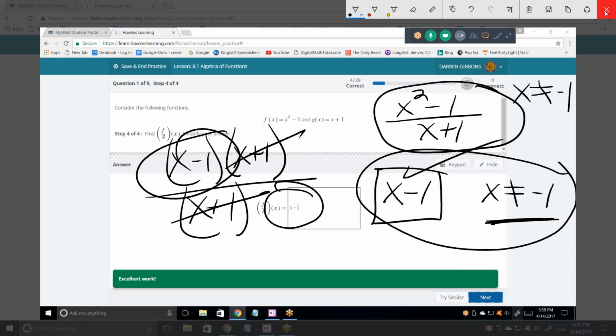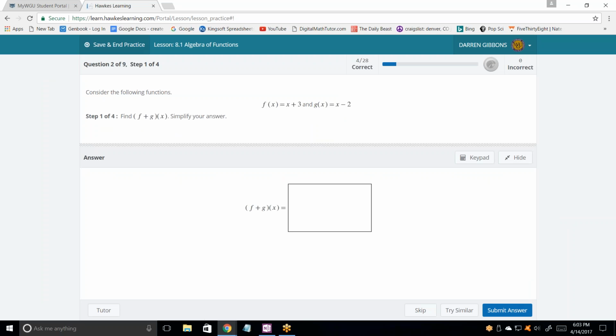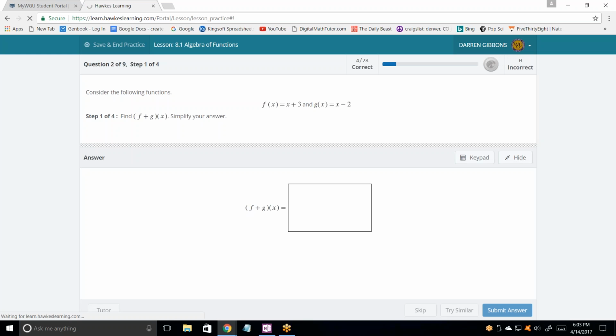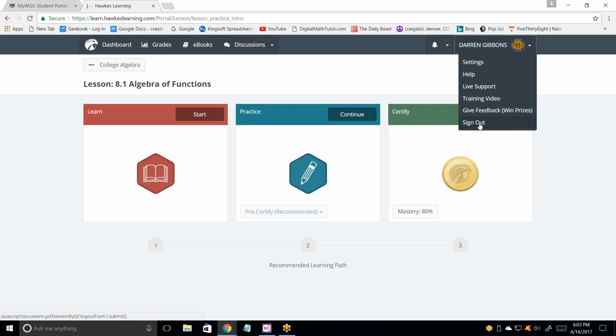All right. Let's see. How do I exit this thing and save? Save and end practice? Should I do next first? Yeah, do save and end. Then just save and exit. And then let's log off. Sign in. You can do that.